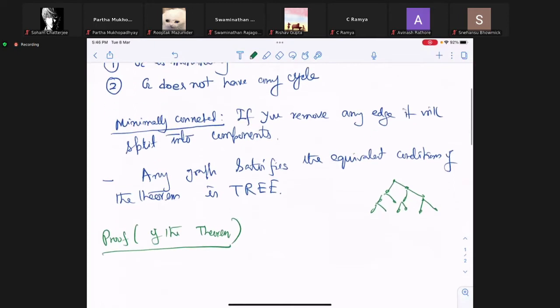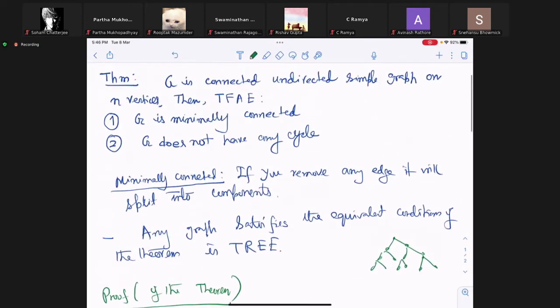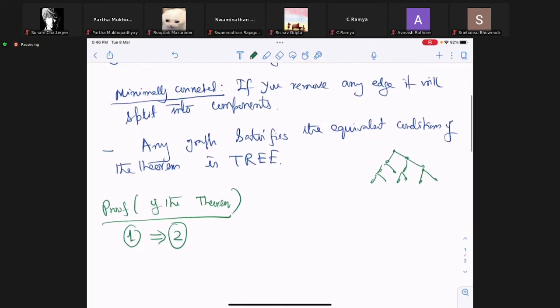Okay, so how do you prove it? Let's prove 1 implies 2. So G is minimally connected, and suppose G has a cycle, let's give it a name C. And what do I want to prove? Suppose G has a cycle, then I want to prove that this graph is not minimally connected, right?